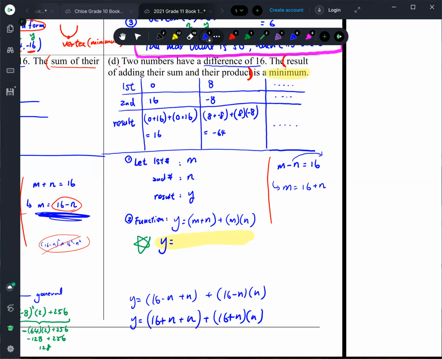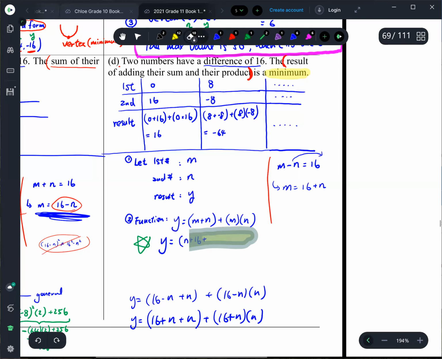That should be adding. So if I replace it with the m, it will be m equals 16 plus n, or n plus 16, or keep it the same order, so not so confusing. M is 16 plus n, add the n, and then 16 plus n, that's the first number, times the n.